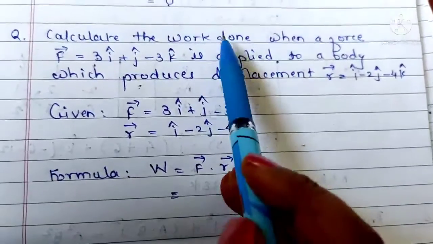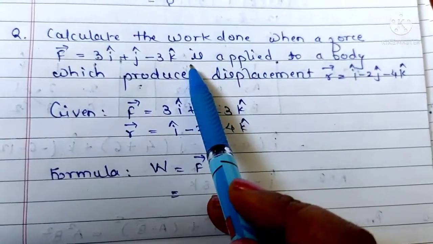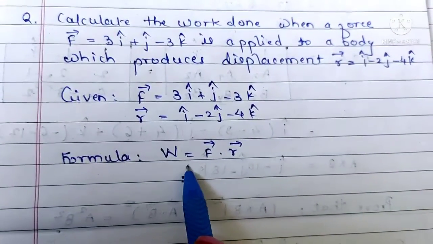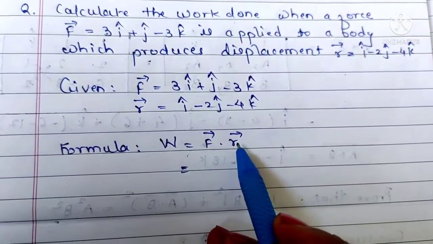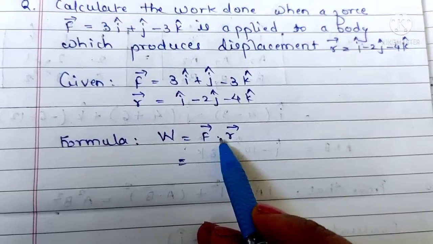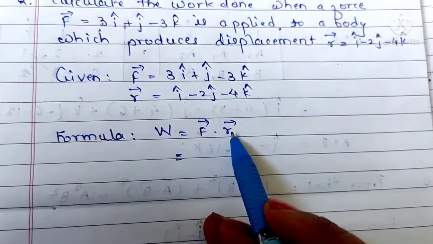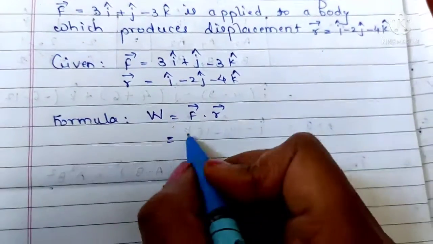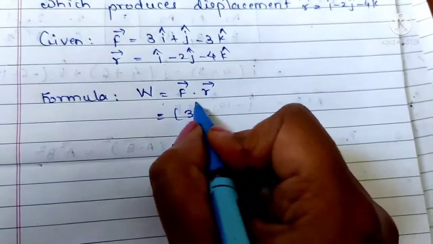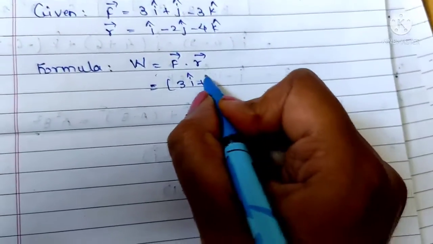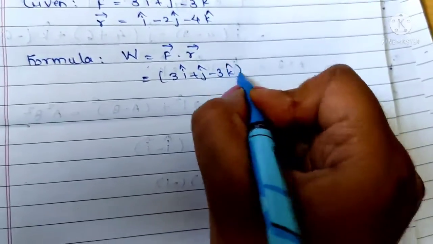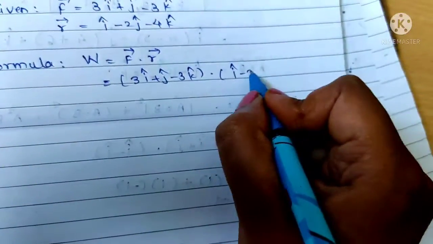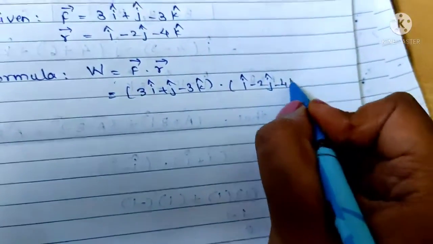Next, we have to calculate the work done when the force and displacement are given. We know that the formula for work done is force into displacement. This into is the dot product between the force and displacement. Now let us substitute the values of F and r here: 3i cap plus j cap minus 3k cap dot i cap minus 2j cap minus 4k cap.